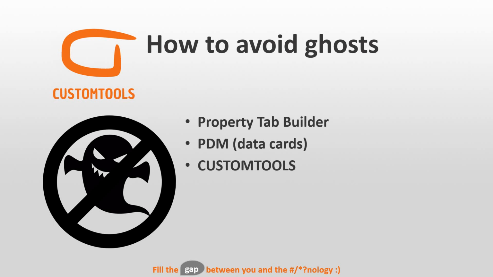PDM is quite costly, it's customizable, and it's much better than Property Tab Builder. Or you can use custom tools, because it's easy. It comes with almost unlimited freedom to define exactly your requirements, and it is inexpensive. I want to show a few simple but, I feel, convincing features that I think are a must-use for any business.